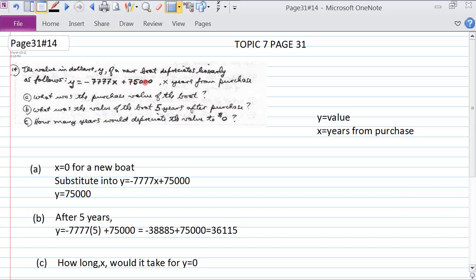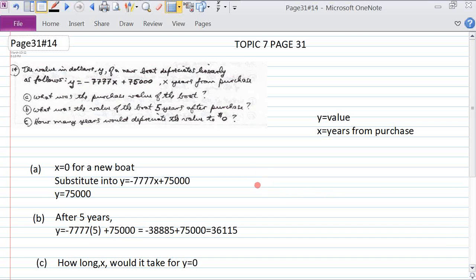So if you started at $75,000, after 1 year it would be worth less by $7,777. After 2 years, you would multiply this number by 2 and subtract it from the 75,000. If it was 3 years, you'd multiply this number by 3, etc., etc.